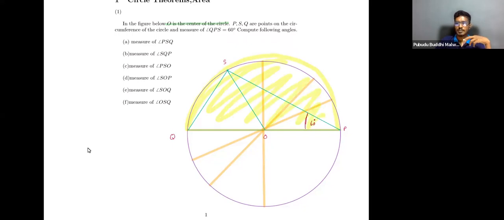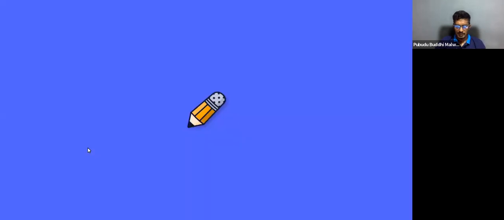Because QP is a diameter. Now focus on that semicircle, because we do have a theorem for semicircles under circle theorems. That's the idea that I'm going to use to compute the angle.